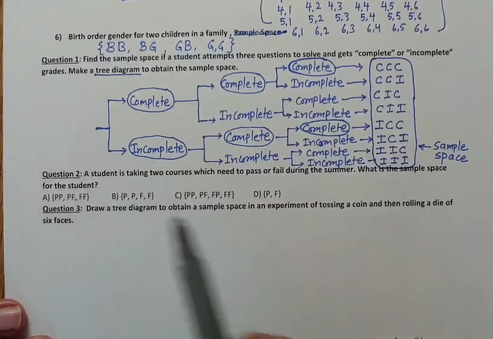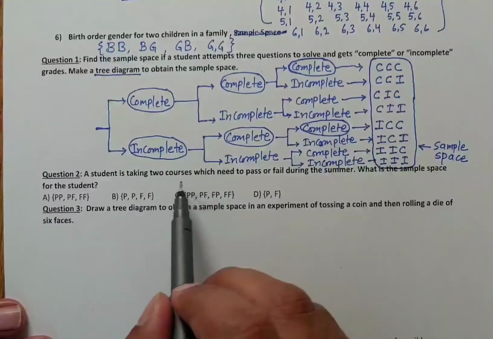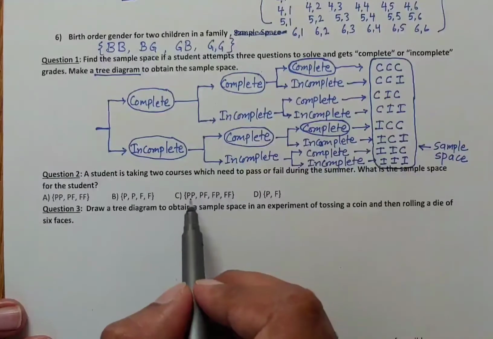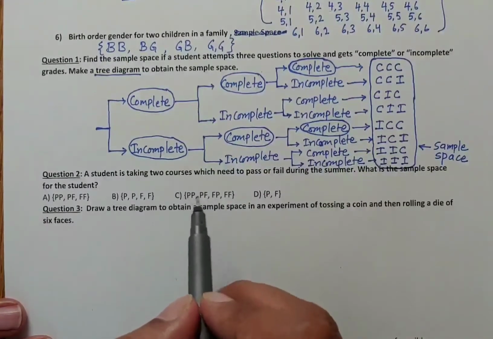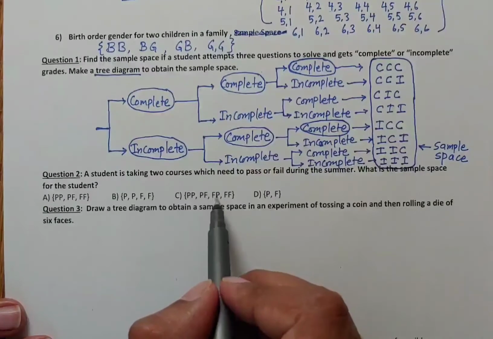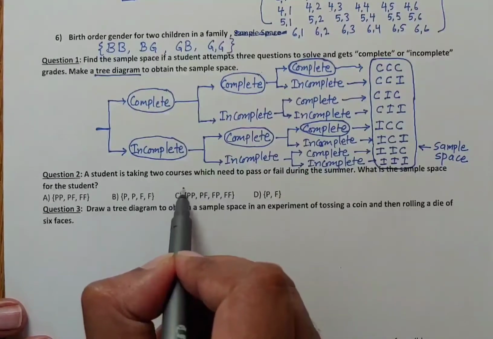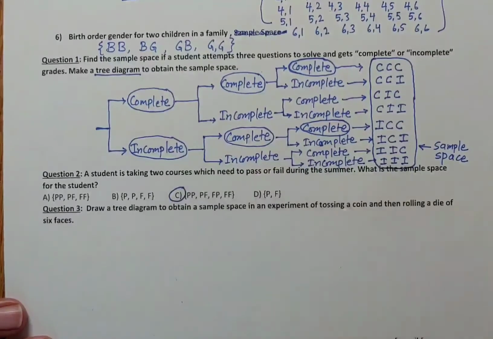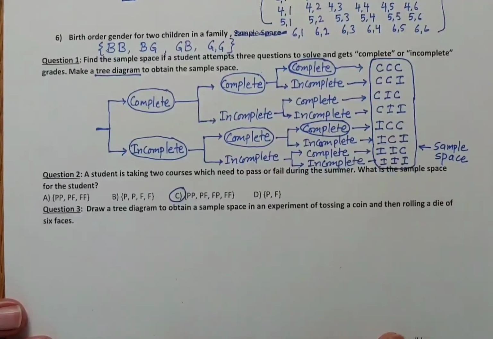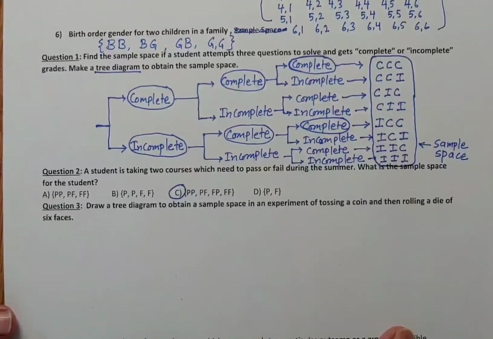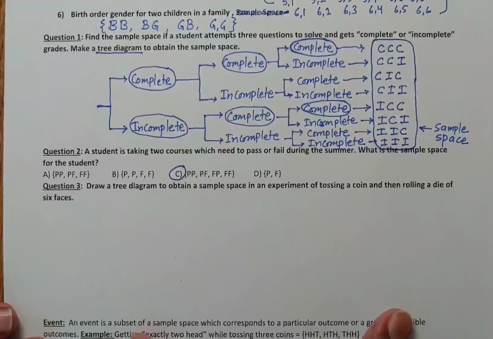So if he takes 2 courses that have to be either pass or fail, then you can have PP, or both pass and fail, and pass, fail and fail. So this is the right answer. Okay, so this is the sample space for that experiment, like either passing or failing the summer course.